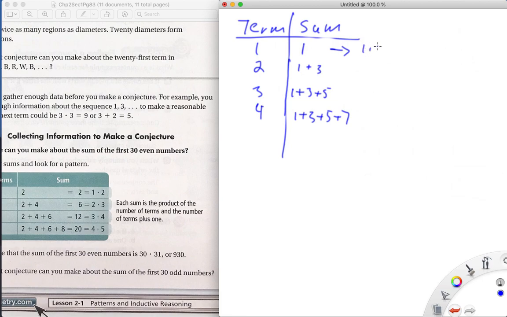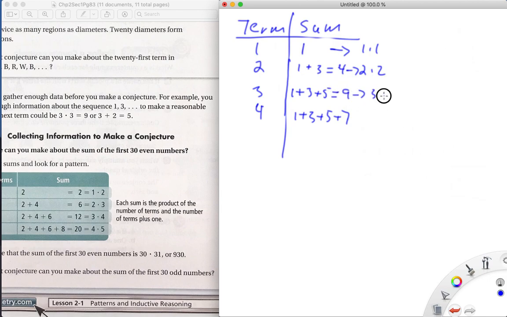All right. So this would be 1 times 1. This would equal 4, so this would be 2 times 2. See the pattern? This would be 4 plus 5 is 9.